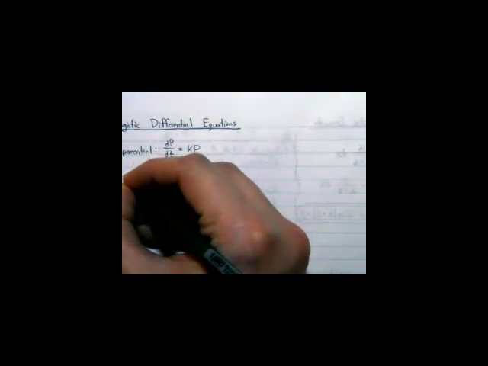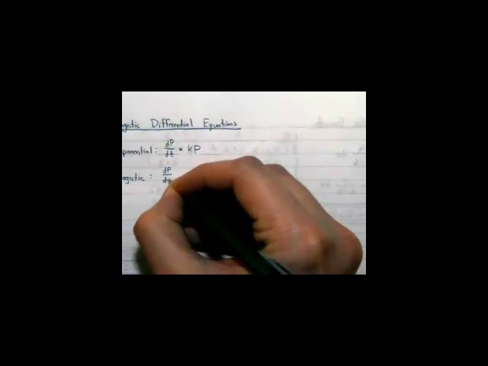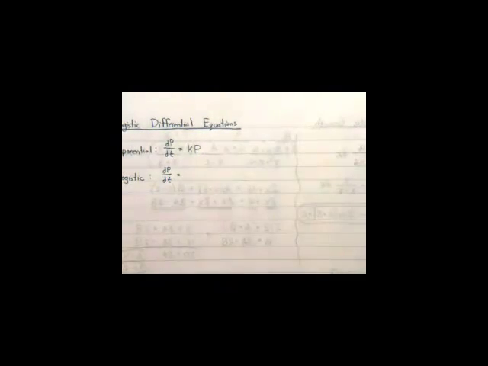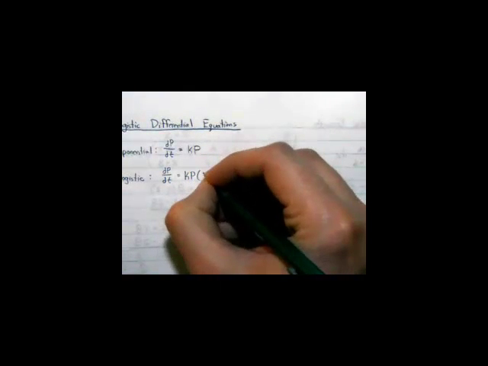The logistic differential equation, dP/dt, this one is kP times (M minus P). Okay, and M is the carrying capacity.